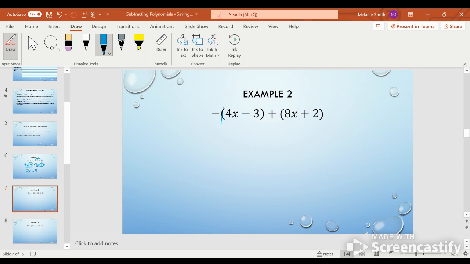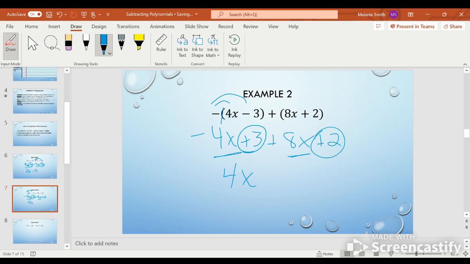So we're going to distribute the negative 1, and I'm going to get negative 4x plus 3, and then bring down 8x plus 2. And now I'm going to combine my like terms. Negative 4 and 8 is 4x, and then positive 3 and positive 2 will be plus 5. And that's it, 4x plus 5.